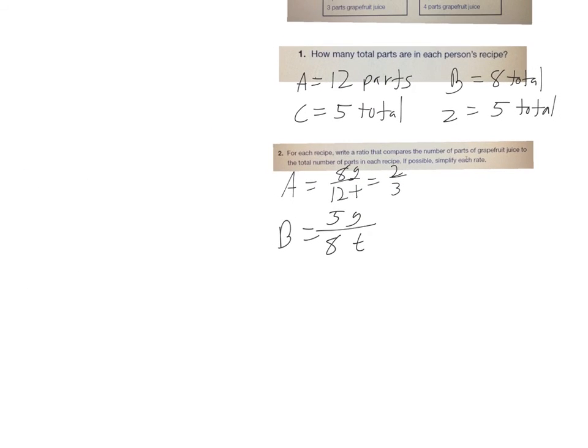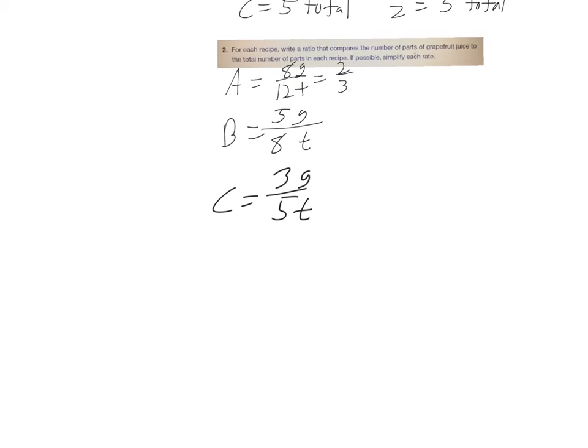So 3 parts grapefruit juice for Carlos over 5 parts total, 3/5. That can't be simplified. And the last one is Zeb, 1 part lemon lime, 4 parts grapefruit juice, so 4 out of 5 total there.